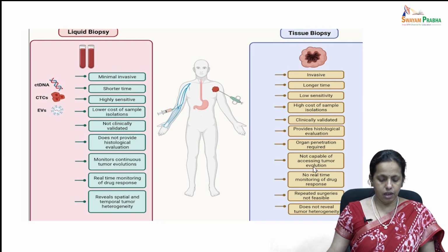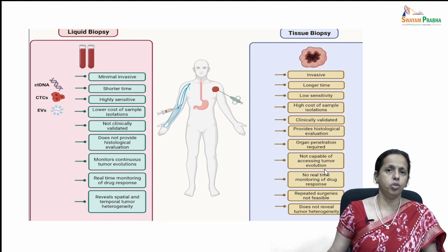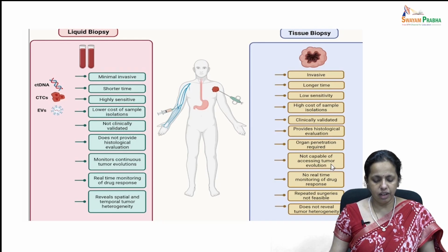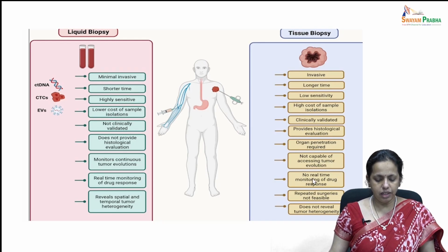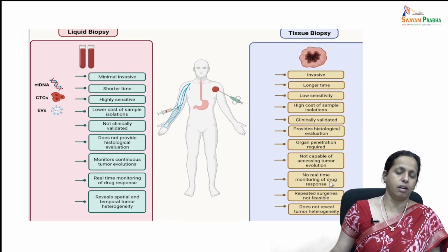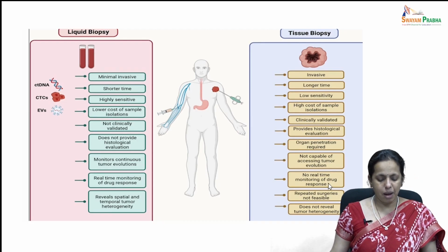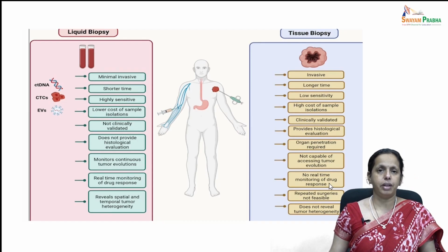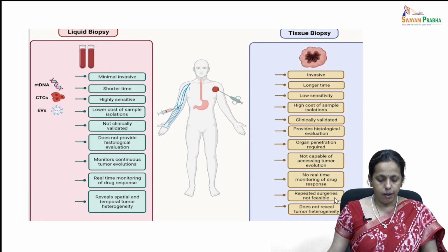Of course, it is not capable of assessing tumor evolution, and there is no real-time monitoring of drug response. If you want to check the drug response, with this conventional biopsy method you will not be able to do it.